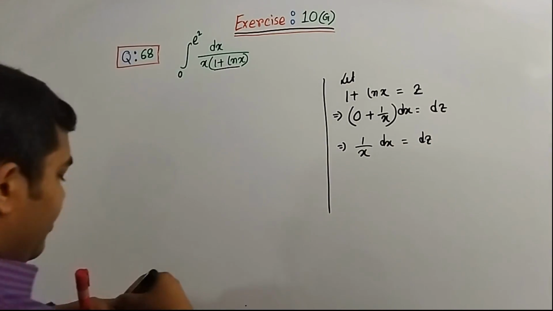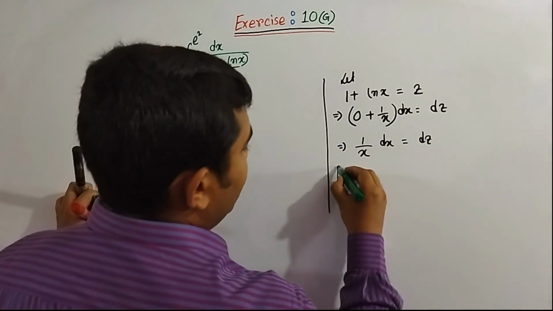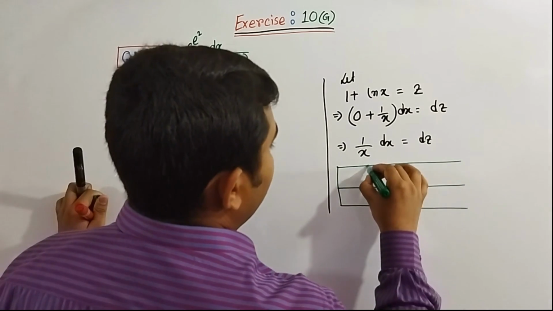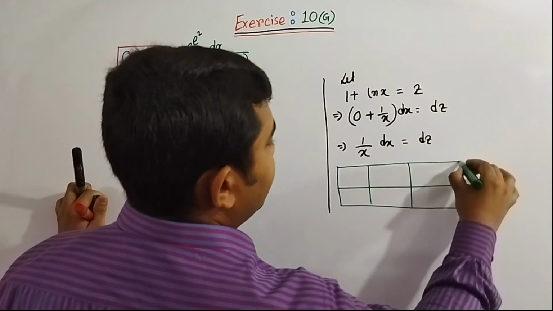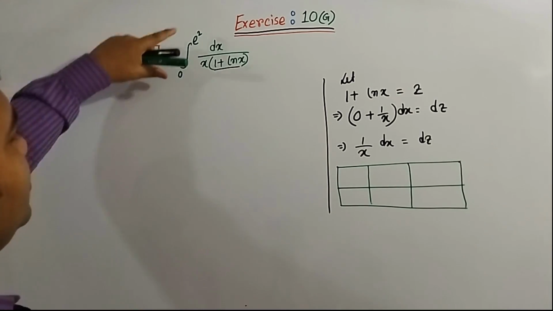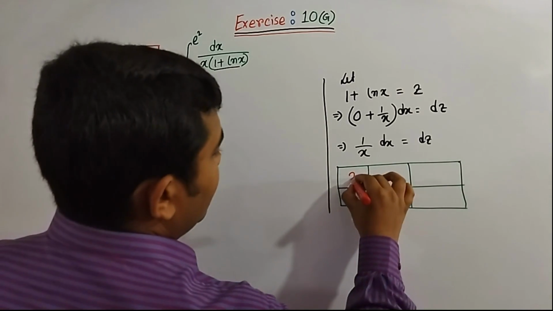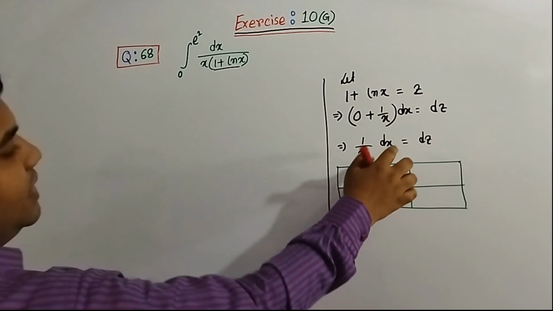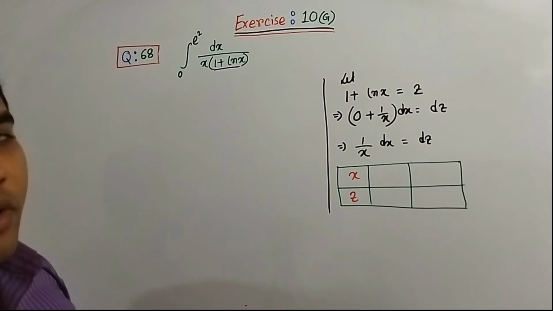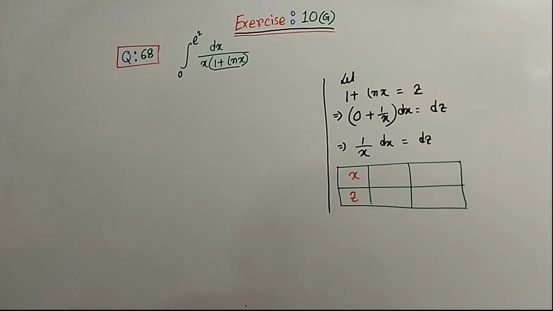Now for the limits, what you have found from here: for x we have two values already, and for z we will get the output of those two values for x.